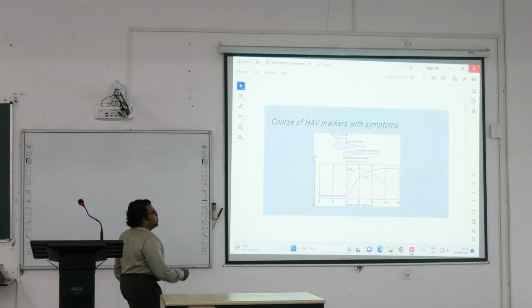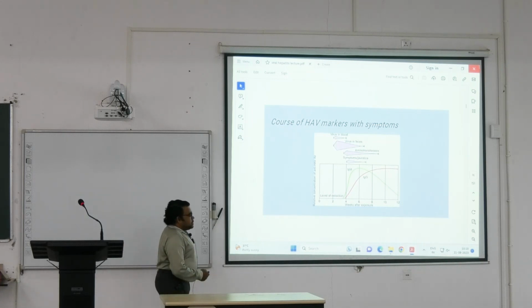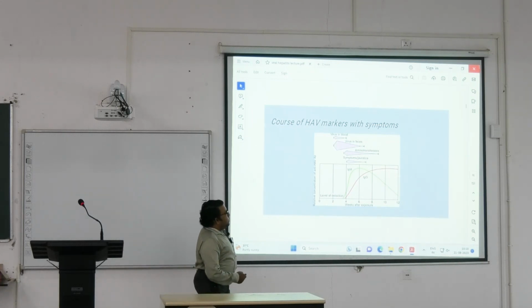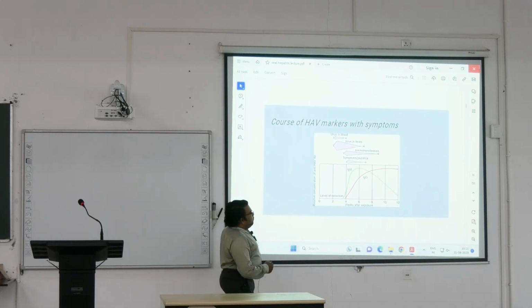If we look at the progression of the hepatitis A virus, this is the chart, if you can see. So, suppose the infection is acquired on day 0, after about 3 to 4 weeks, the patient will start becoming symptomatic. The liver enzymes will rise along with the symptoms.